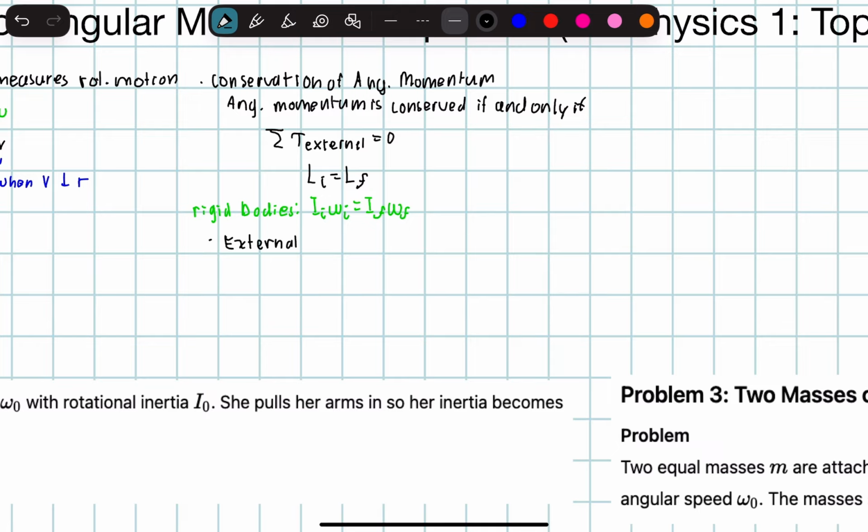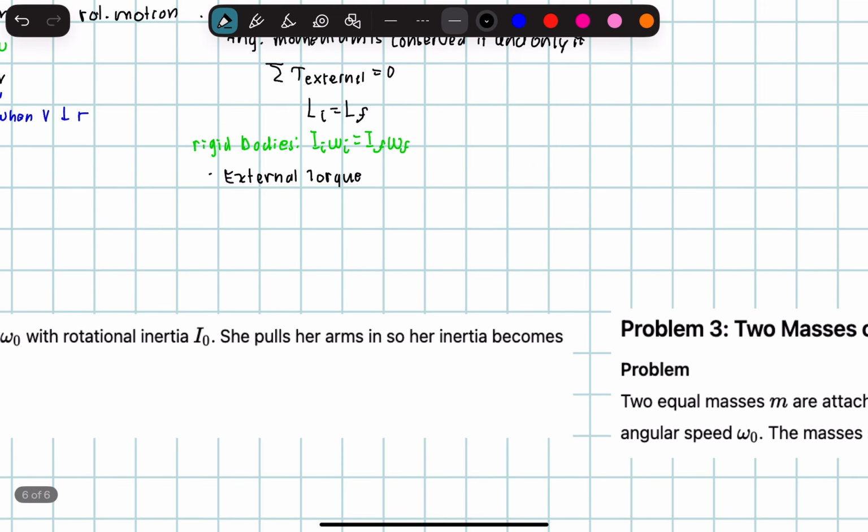So what counts as external torque? The classification includes a couple things. External torque includes friction with the ground. It also includes applied forces at a distance from the axis.